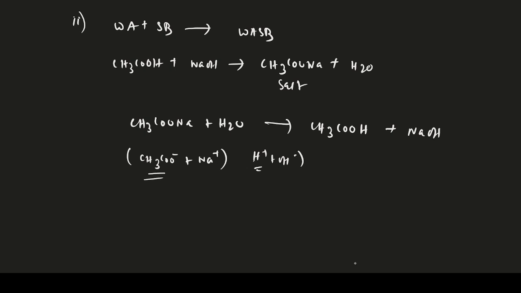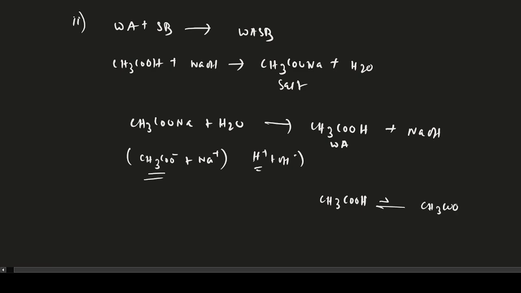Since this is a weak acid, whenever it forms and dissociates, it dissociates only a very small amount, and most of it stays in this form. It dissociates into CH3COO minus plus H plus, but this dissociation into ions is very little, because this is a weak electrolyte, a weak acid, and a huge amount of this form is there.